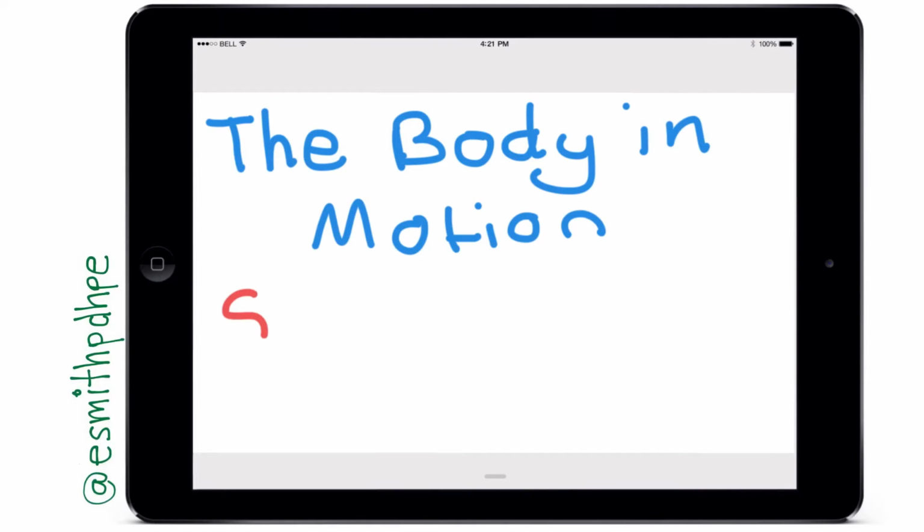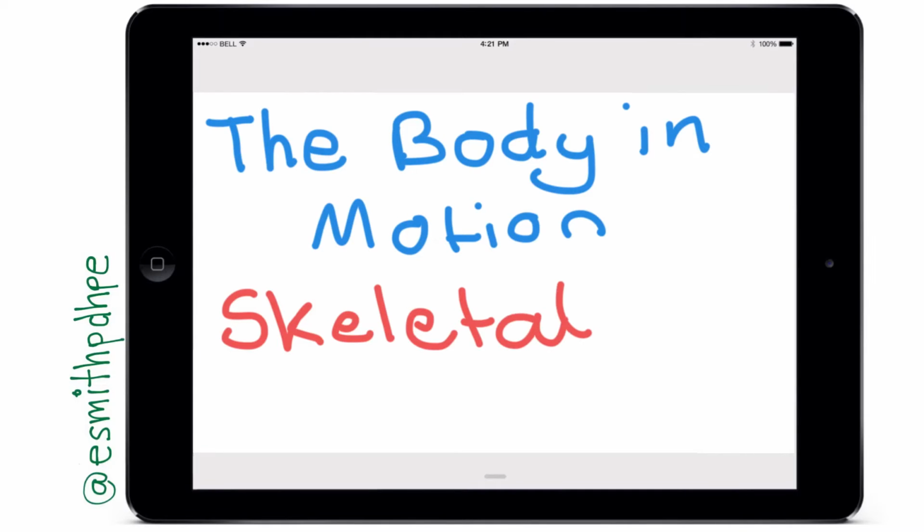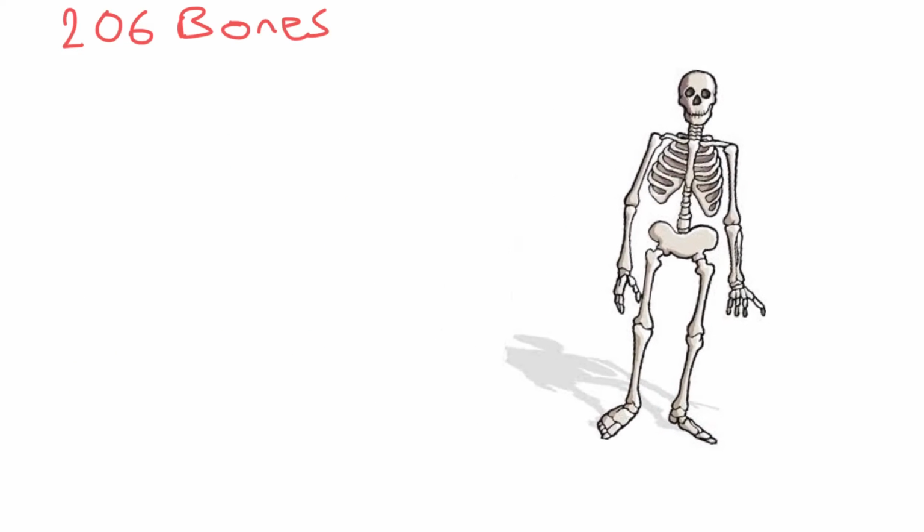Today we're going to have a look at the preliminary core 2, the body in motion, and more specifically exploring the skeletal system. The human skeleton has 206 bones in it.